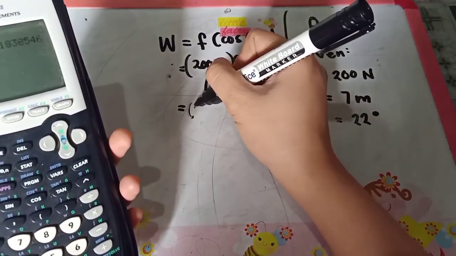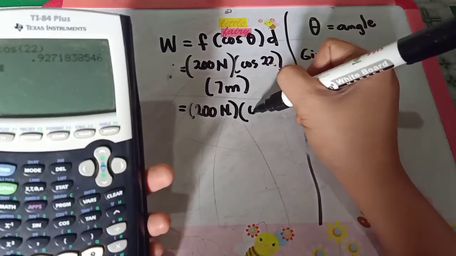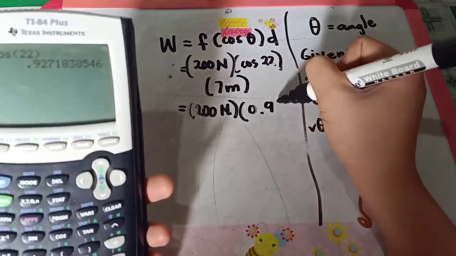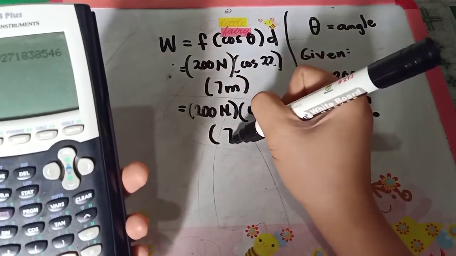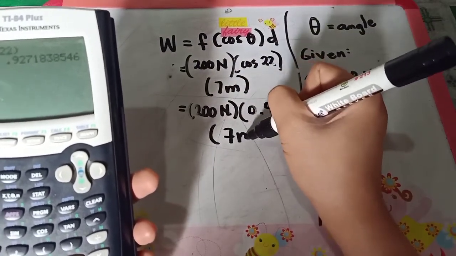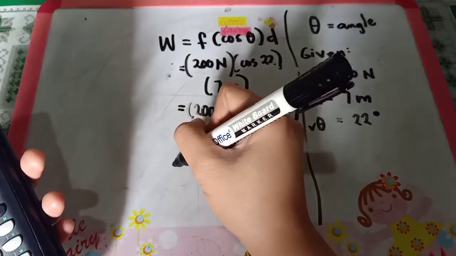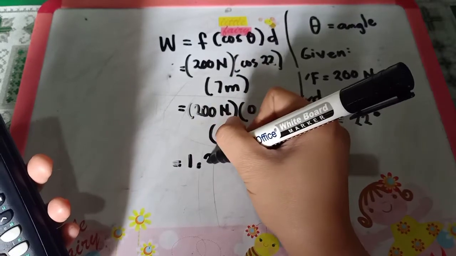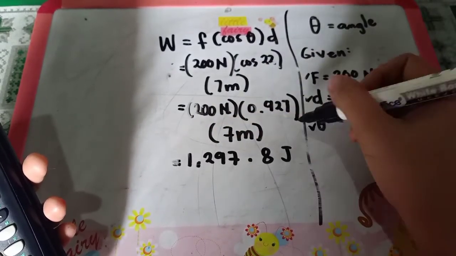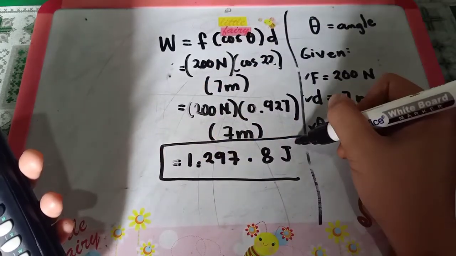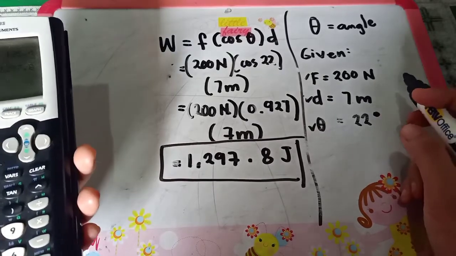So 200 newtons multiplied by 0.927, then finally multiply it with 7 meters. The correct answer will be 1297.8 joules.